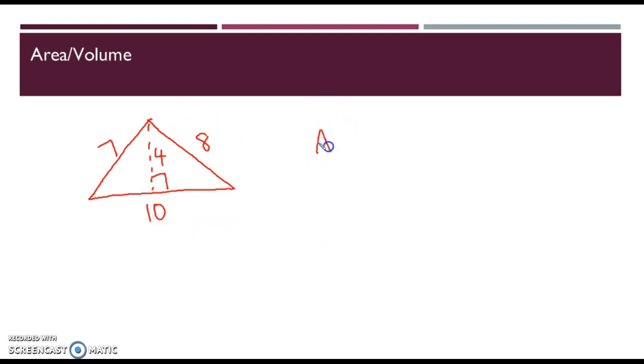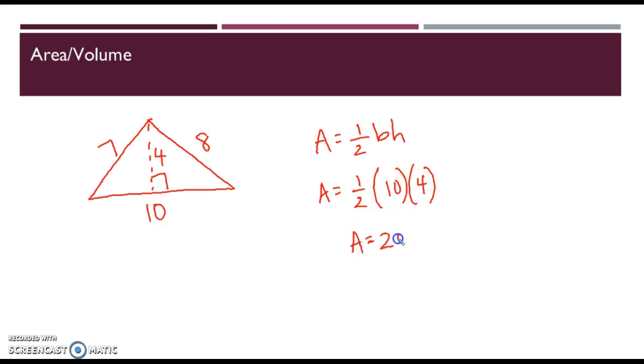To find the area of a triangle, we have 1/2 base times height. So I have 1/2 times my base 10 and my height 4. The reason I use 4 for my height is because it makes that right angle with my base 10. Multiplying by 1/2 is the same as dividing by 2, so 10 divided by 2 is 5, and then 5 times 4 gives me 20. So you get 20 square units for that triangle.